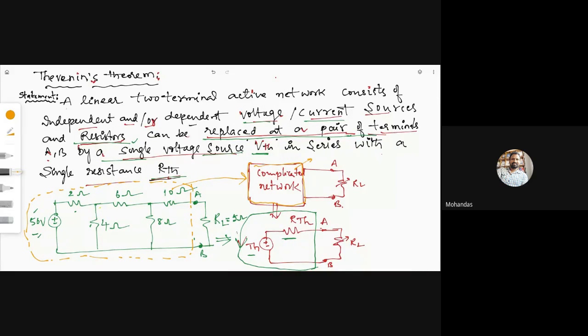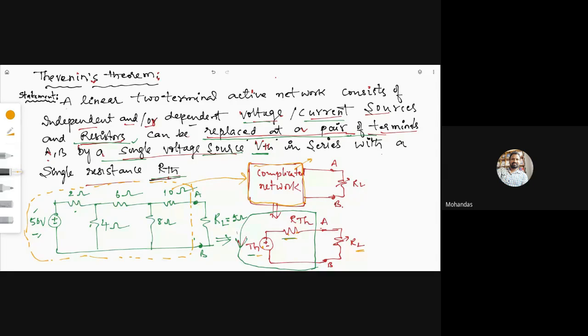Across the AB terminals is the load resistance RL. So this complicated network can be replaced by V Thevenin and R Thevenin, and this RL remains the same. RL won't be changed.